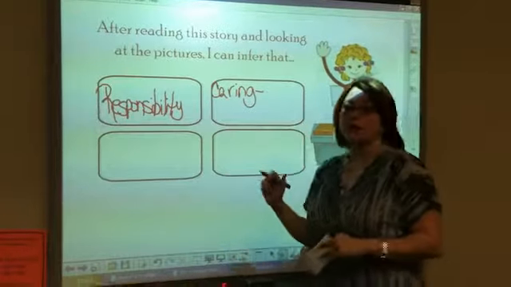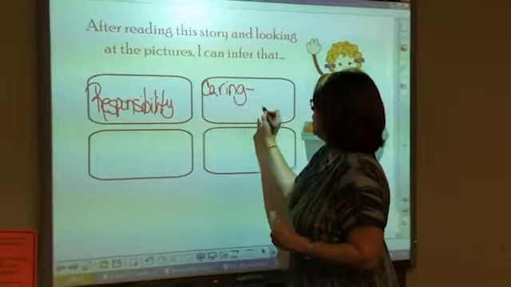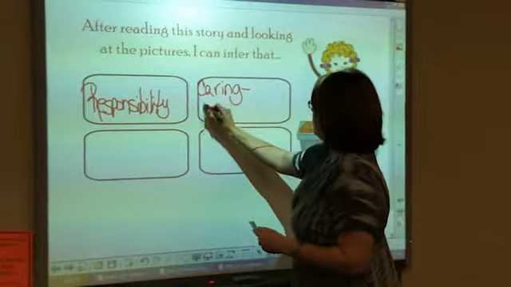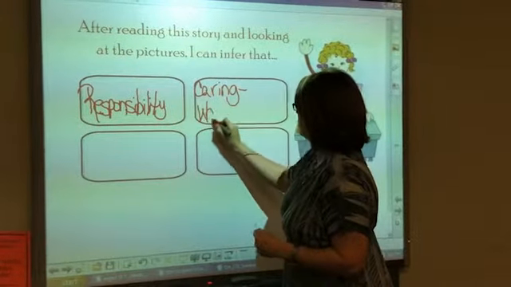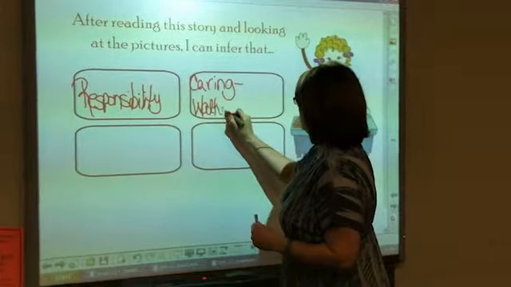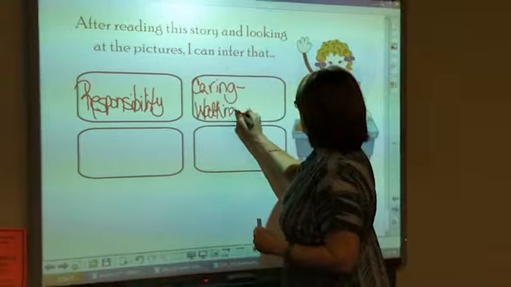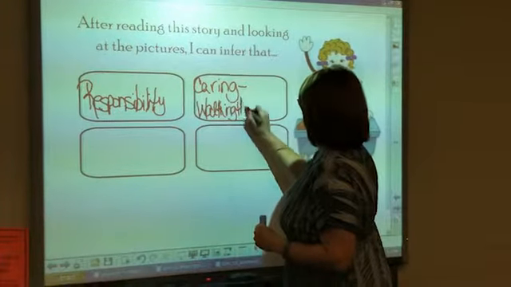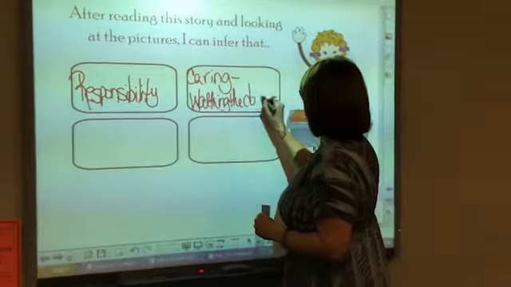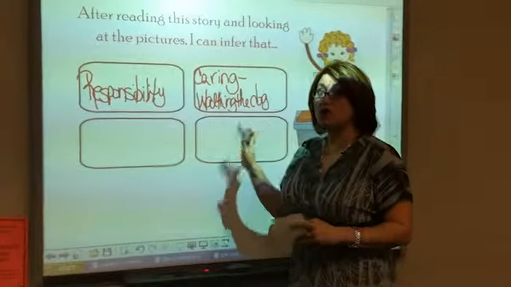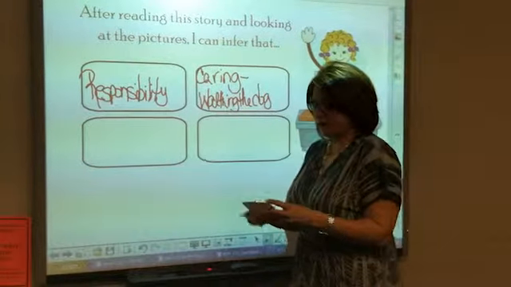By caring for the dog, we're talking about walking the dog, because when they didn't walk the dog, that's when it started chewing everything up.